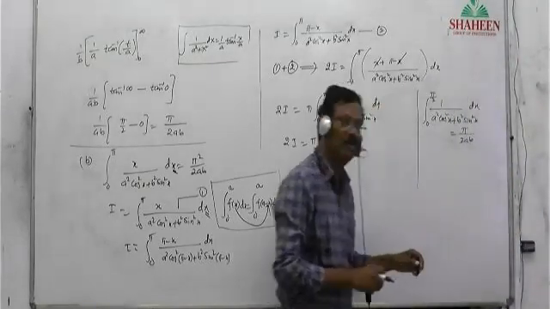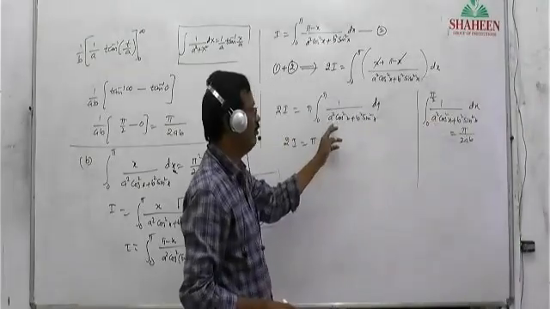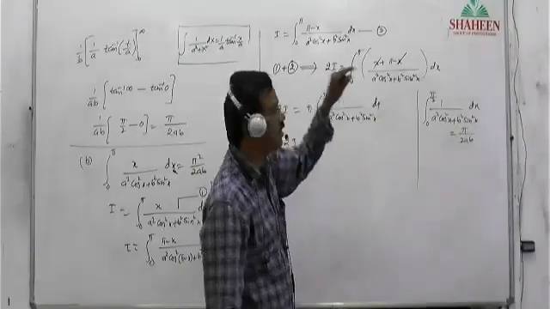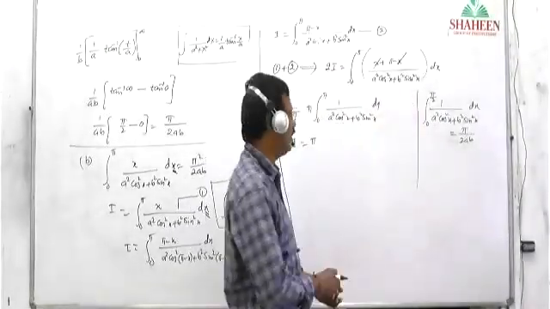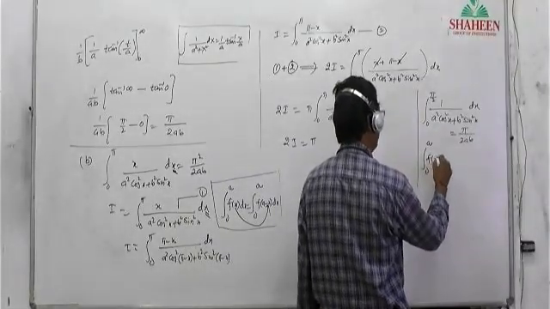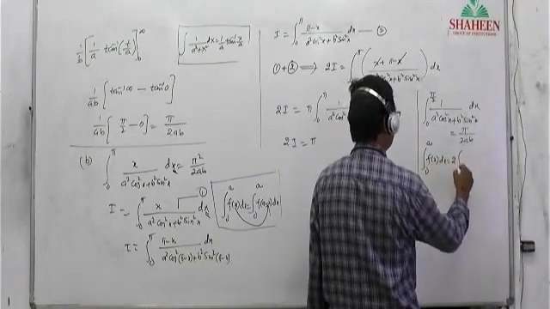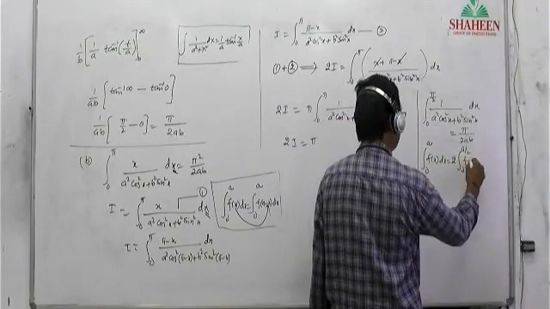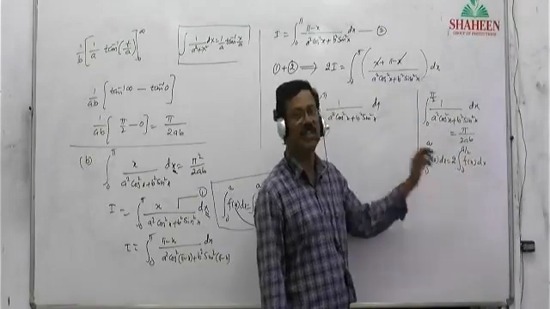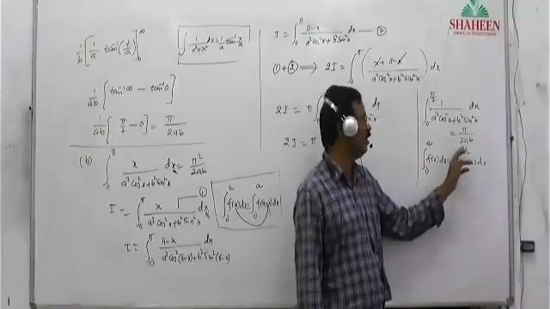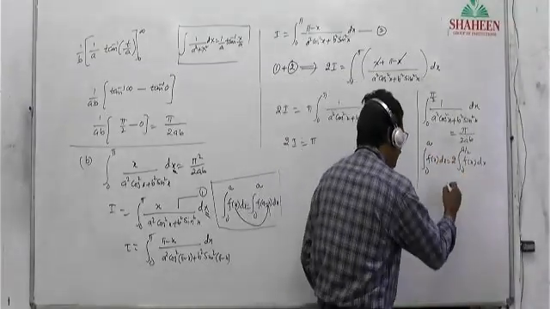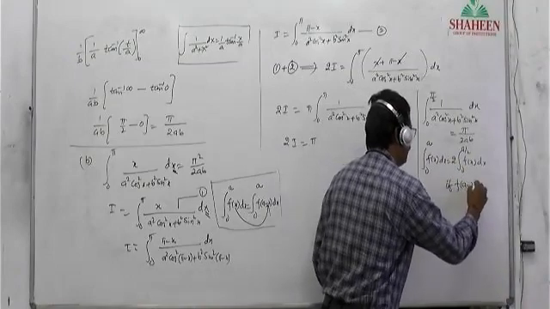Now here the problem is the same, but the limits are not the same. Can we convert these limits into that form? Integral 0 to a of f(x) dx will be written as 2 times integral 0 to a by 2 of f(x) dx, if f of a minus x is equal to f(x).